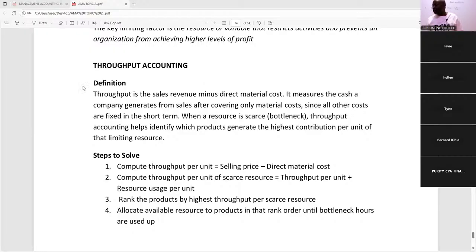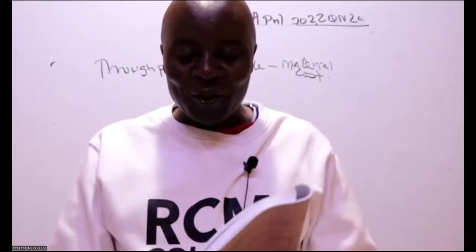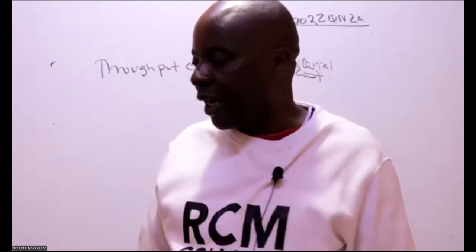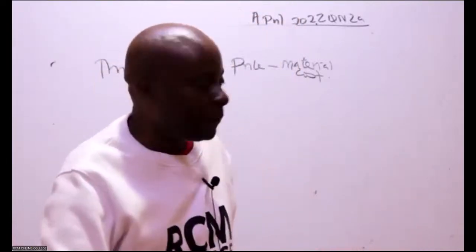So the steps to solve: compute throughput per unit, selling price minus material cost; compute throughput per unit of scarce resource; rank the products by the highest throughput per scarce resource; allocate available resources to products in that rank order until bottleneck hours are used up. So let's do this question. This is interesting. Roman 2, they want us to use throughput accounting.